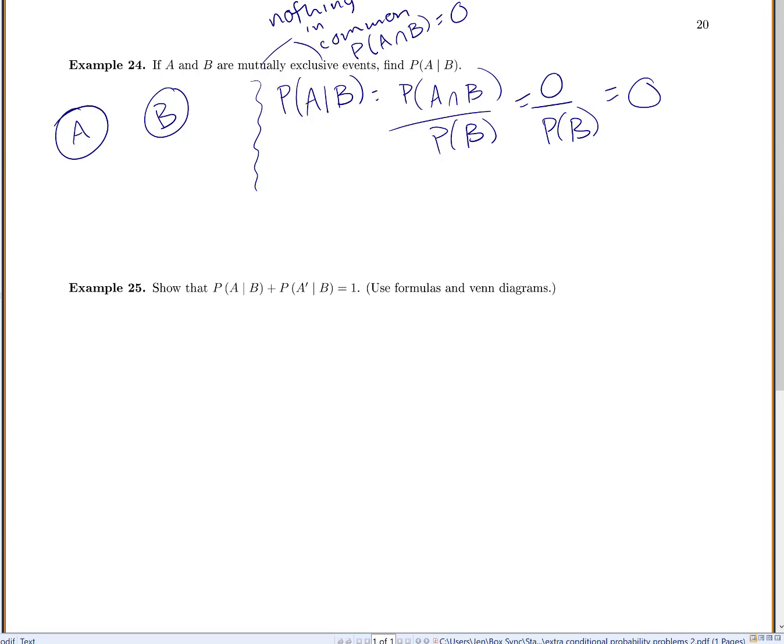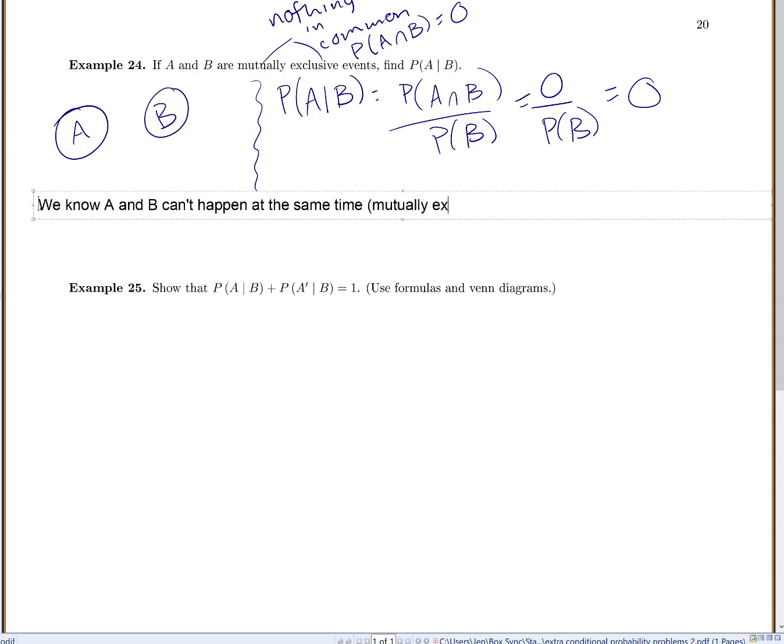Now let's talk about what that means logically. If they're mutually exclusive, we know A and B can't happen at the same time or together.